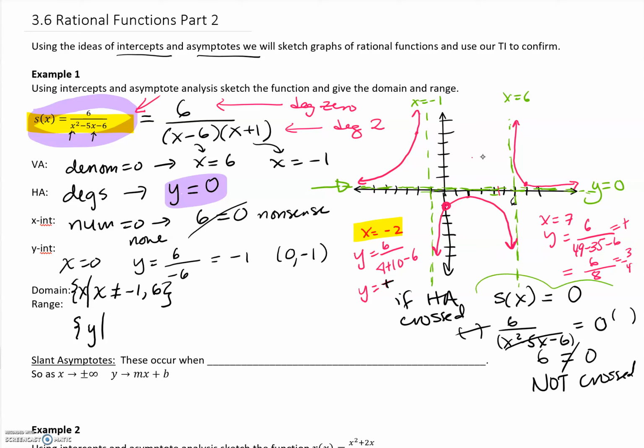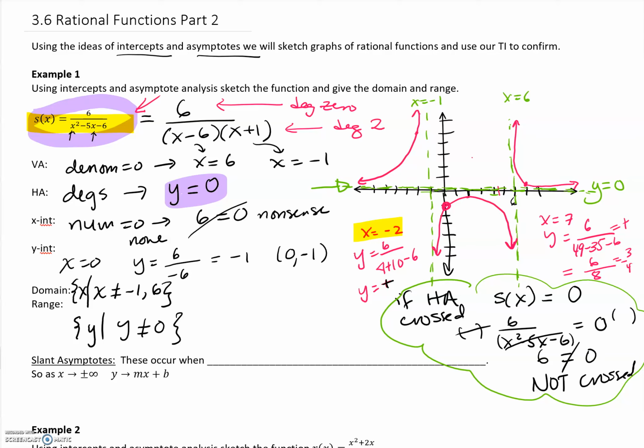Based on the work that we showed right here, it doesn't get crossed, so we'll say y such that y does not equal 0. All the other y's are good. Below the x-axis, I have a red graph, and above the x-axis, I have a red graph happening. So exclude 0 from the range and exclude -1 and 6 from the domain, and you're good to go.